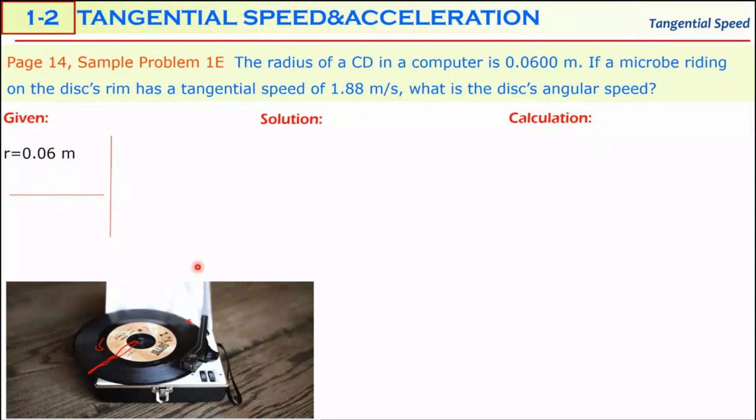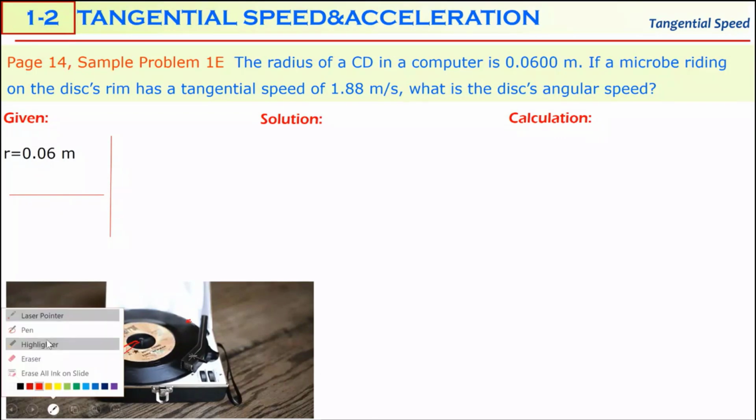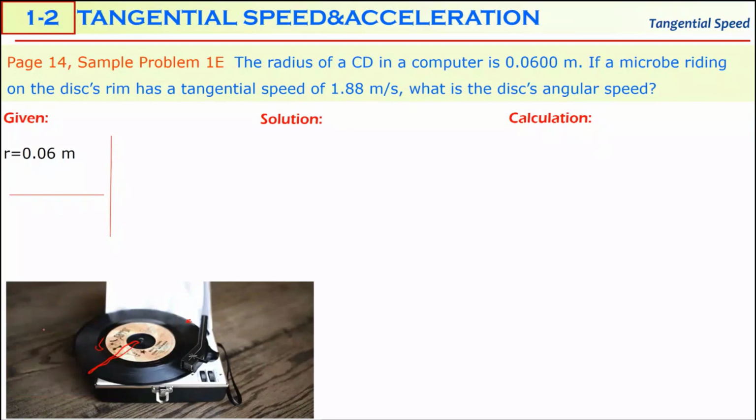So the radius is 0.06 meters, which means this microbe is moving on a circle whose radius is 0.06 meter. Let me draw that circle. This is the circle followed by the microbe, like this.